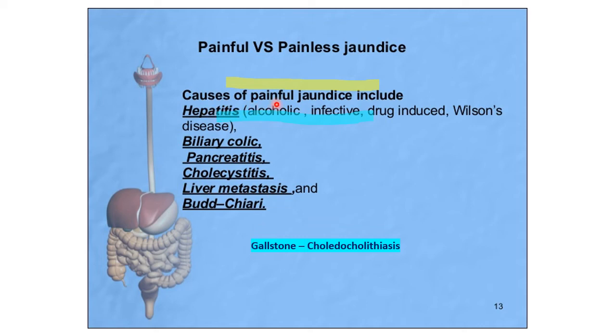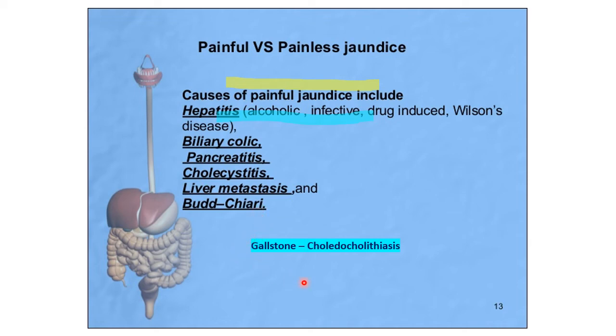Causes of painful jaundice include hepatitis in various forms, alcoholic, infective, drug-induced, Wilson's disease, biliary colic, very important, pancreatitis, cholecystitis, liver metastasis, and Budd-Chiari syndrome, which is a venous obstruction of the hepatic veins.